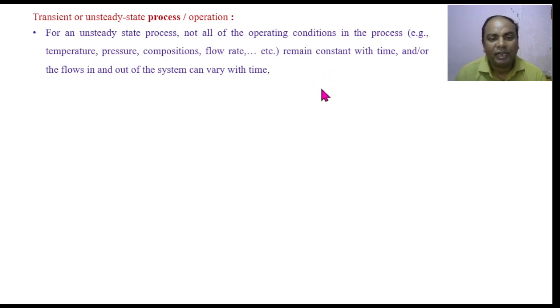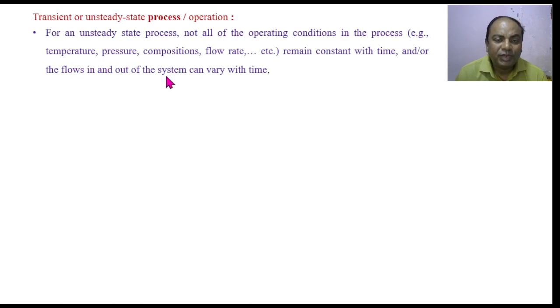It does vary depending upon what kind of process it is. The temperature may vary. For example, in isothermal condition the temperature remains constant. In isobaric condition the pressure remains constant, but temperature changes.